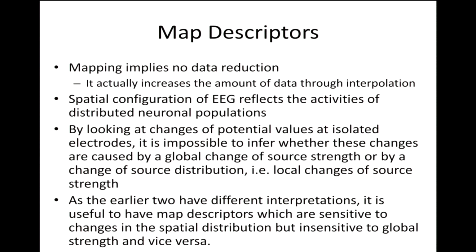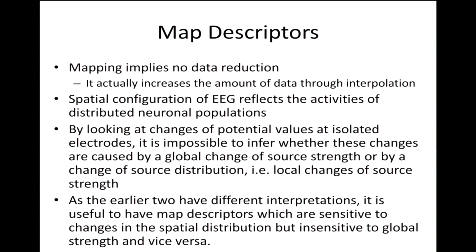Anyway, you have to remember the spatial configuration of the EEG somehow reflects the activities of the distributed neural population that give rise to the EEG signals. Now, if you analyze only electrodes individually, then you do not have this information, how things are happening globally, because your analysis window is focused on a very local electrode.